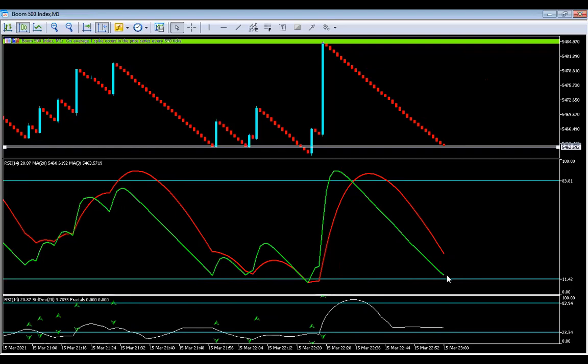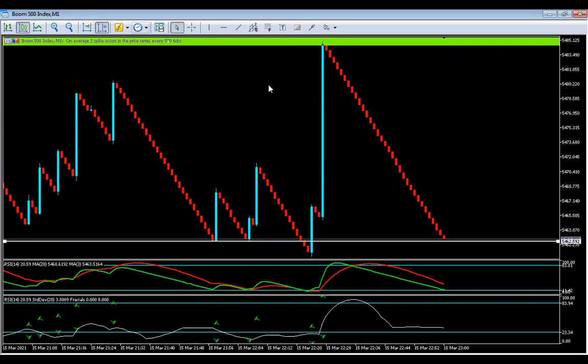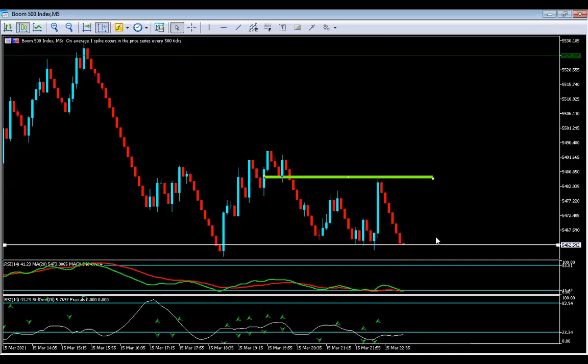We'll let it get to the oversold, and then you will let me know if it's really time to buy or not. So while we are waiting for the market to keep moving and let's see what will happen soon, then we'll go to the 5 minute time frame.